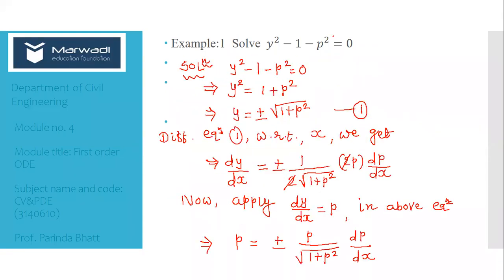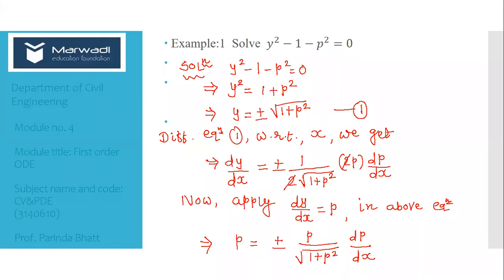What to do in this method? y square minus 1 minus p square equal to 0. Now convert into the form of y, or in other words, convert the given differential equation into the form y equal to f of x comma p.